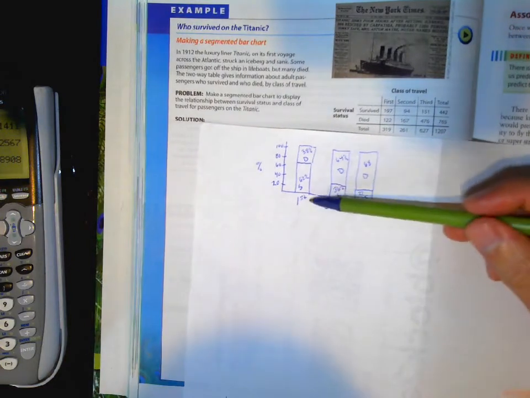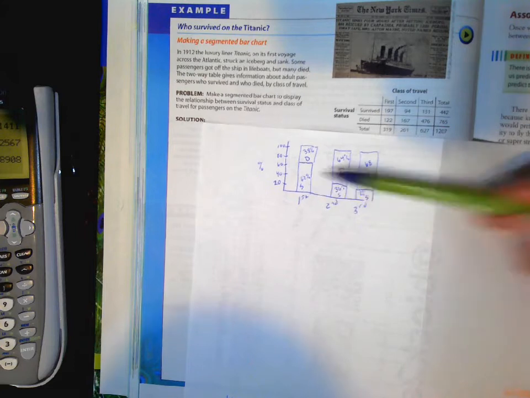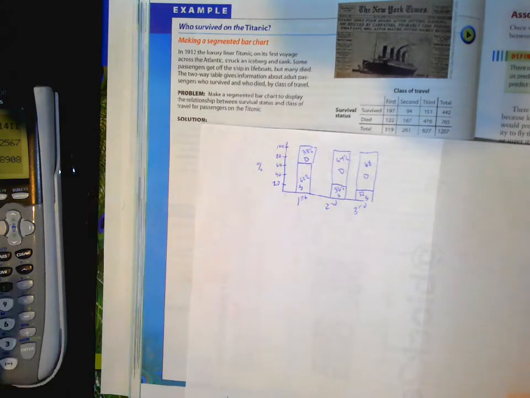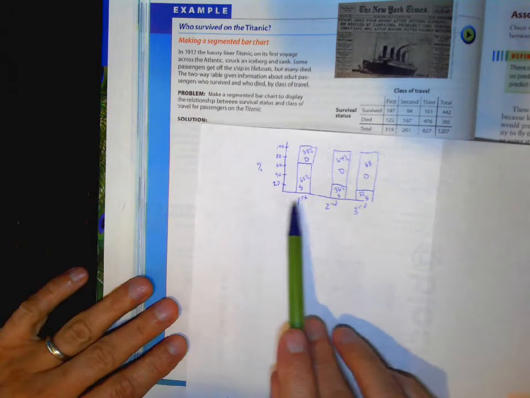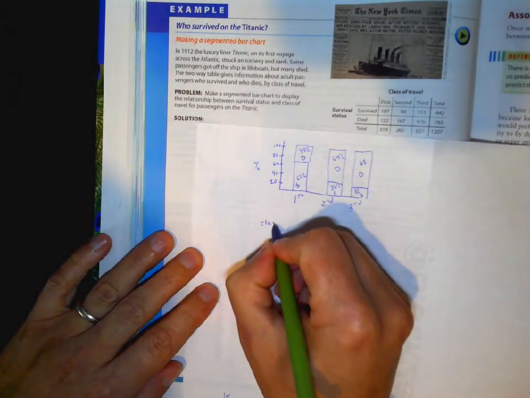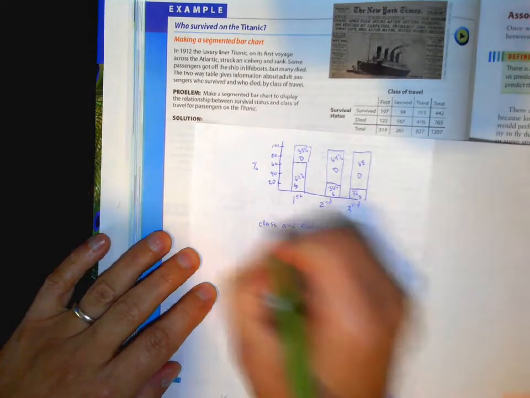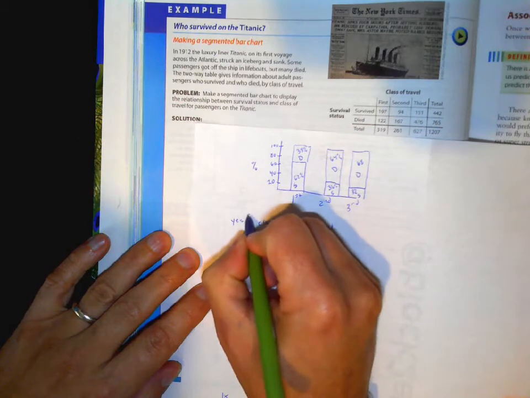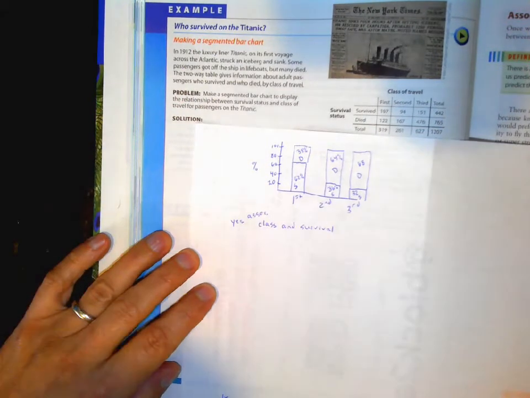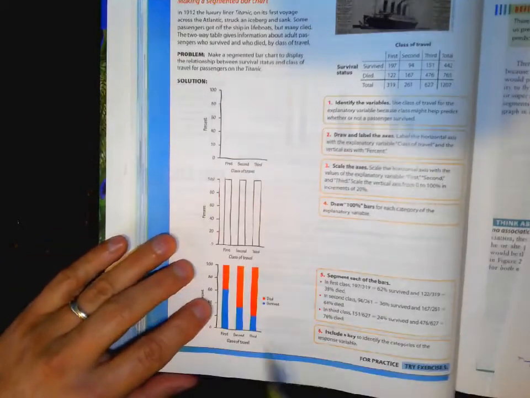If somebody was in a first class cabin, they were much more likely to survive than if they were in the other classes. So we would say there is an association between the two variables of class and survival. Yes, there is an association between class and survival, and you can see that there.